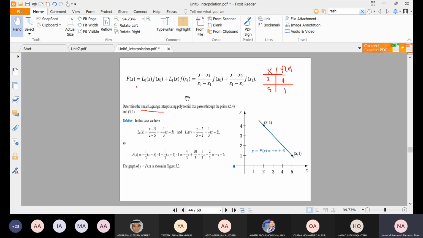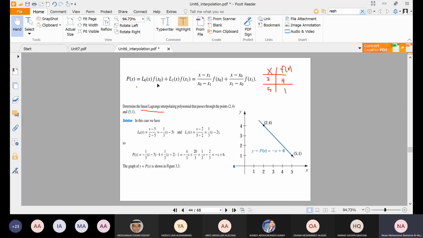So this is the linear Lagrange interpolation polynomial. If you look for this one, this is the equation, because here they ask for linear. So we have n equal 1, so we take the product from 0 to 1. So we take two terms. The number of the terms is n plus 1.